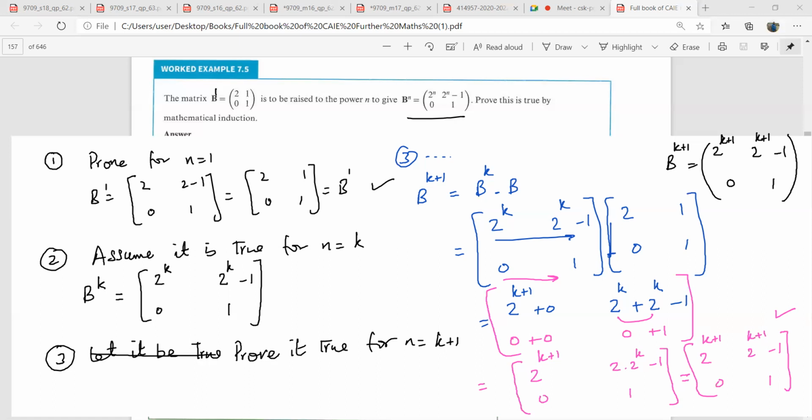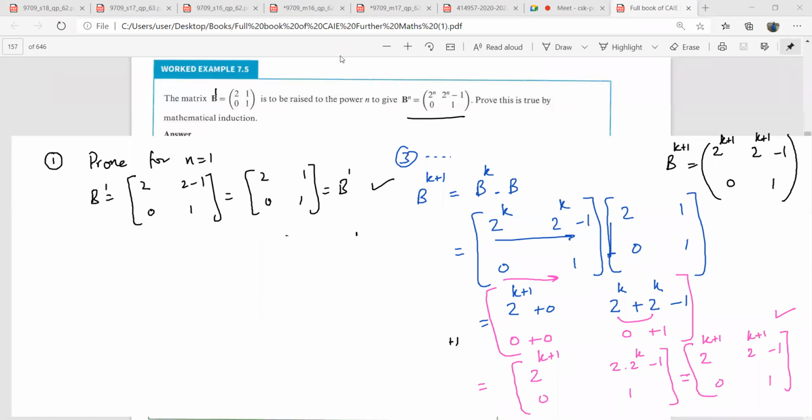Okay, so now it's time to write the statement. I'm just going to cover this area here for the statement. Okay, so we would say, as it is true for n equal to 1, and if true for n equal to k, then true for n equal to k plus 1.